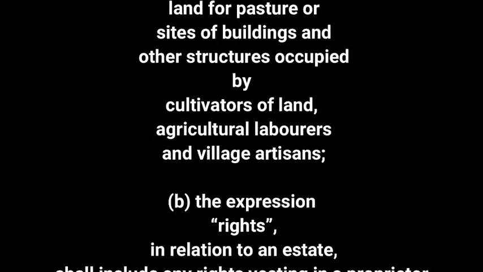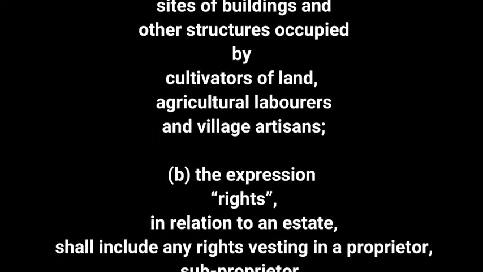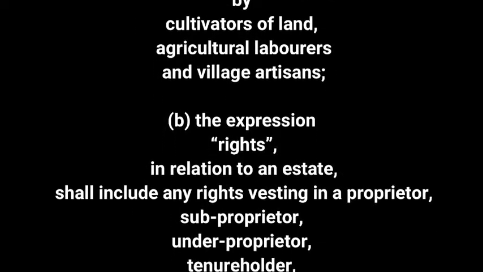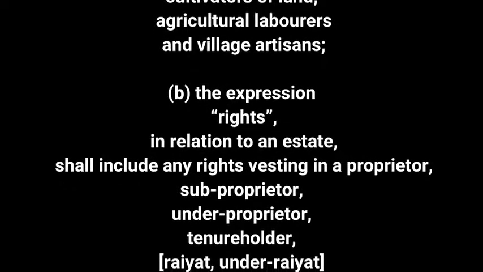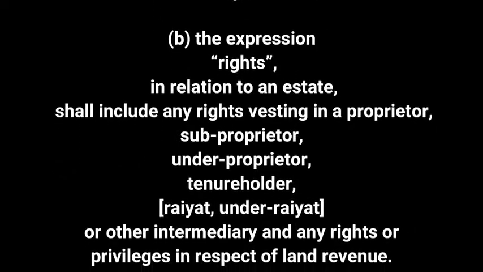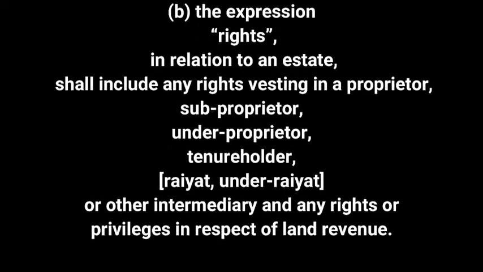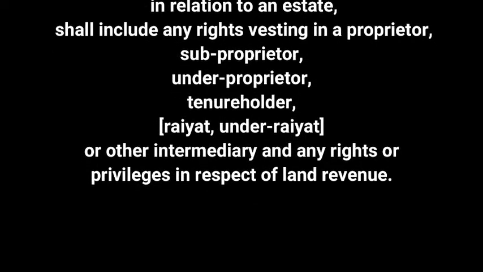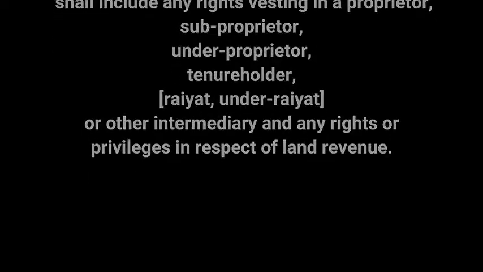The expression rights, in relation to an estate, shall include any rights vesting in a proprietor, sub-proprietor, under-proprietor, tenure-holder, raiyat, under-raiyat, or other intermediary, and any rights or privileges in respect of land revenue.